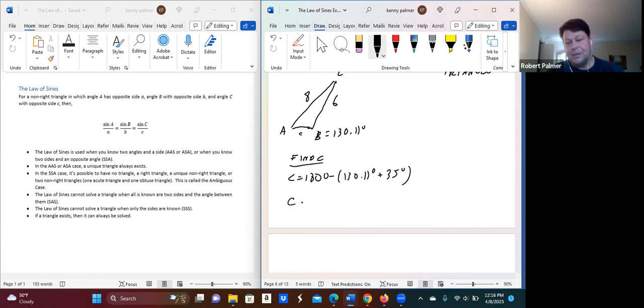Okay. And then C is going to be a small angle, about 14.89 degrees. Okay.